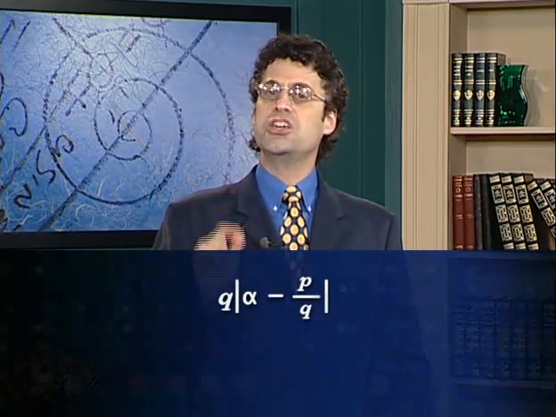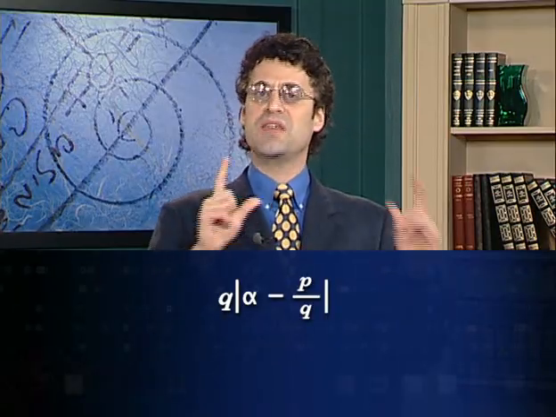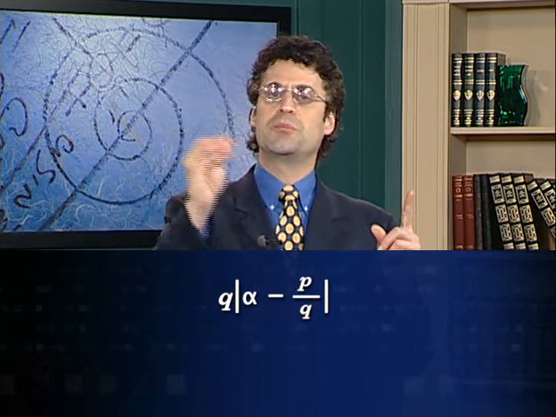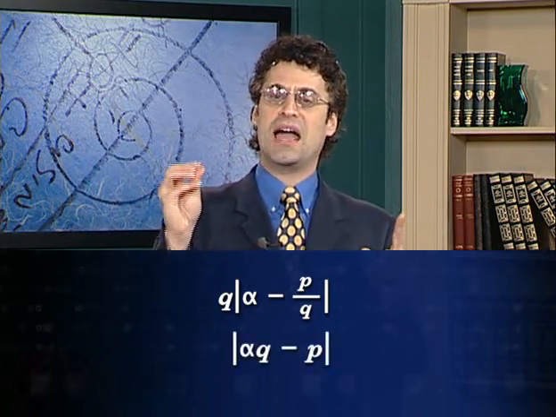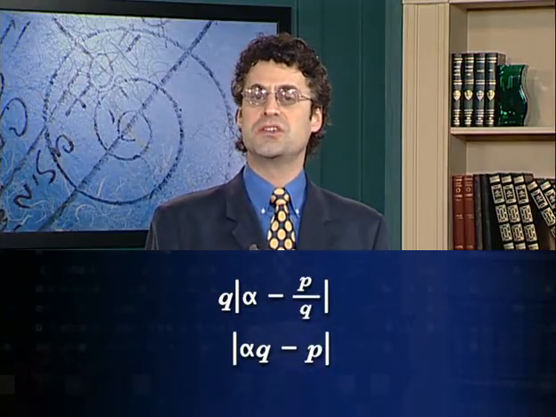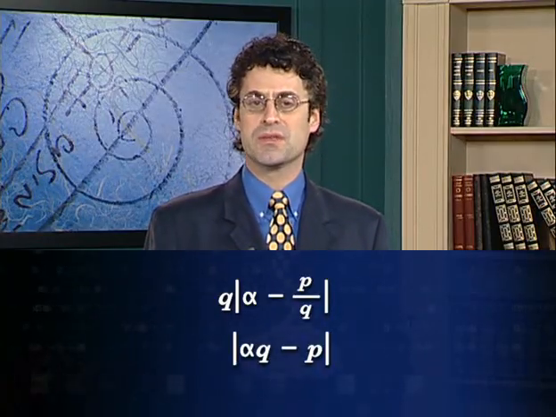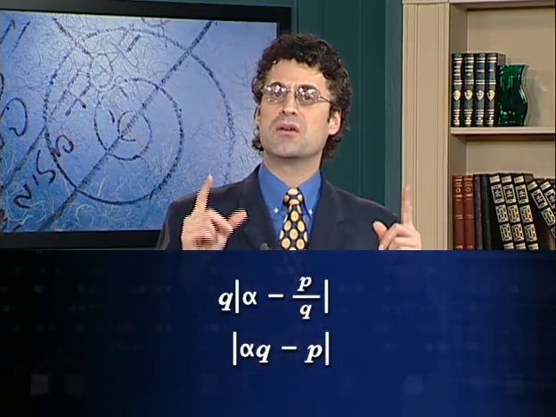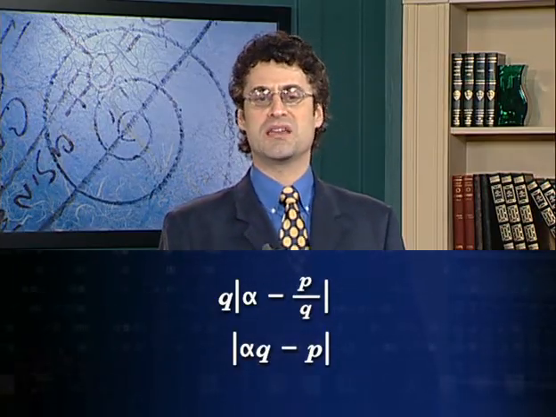In other words, we could study the quantity q times the absolute value of alpha minus p over q, which, if you imagine distributing that q in, we'd see alpha q and then minus p, since p over q times q would just give us p. So the quantity that we now want to study is the absolute value of alpha times q minus p.